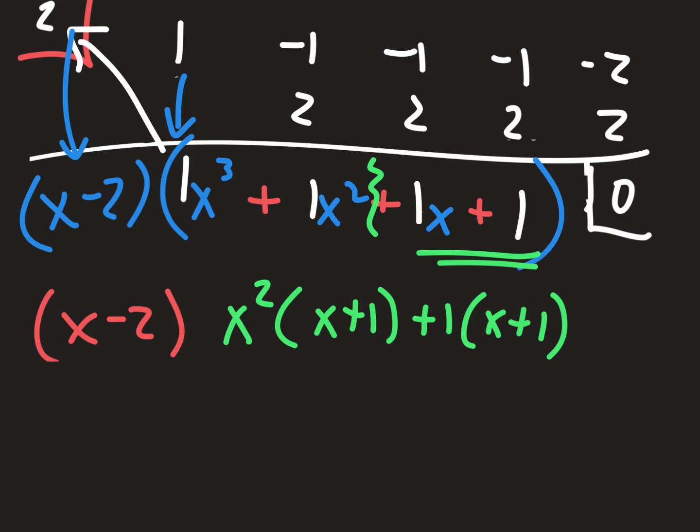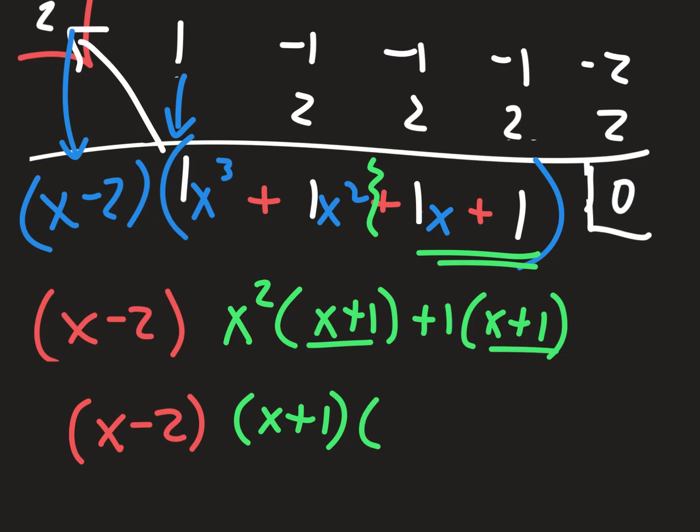And you need that 1. Bringing down the x minus 2 from above, the x plus 1 is the common factor now. And what's left is the x squared plus 1.